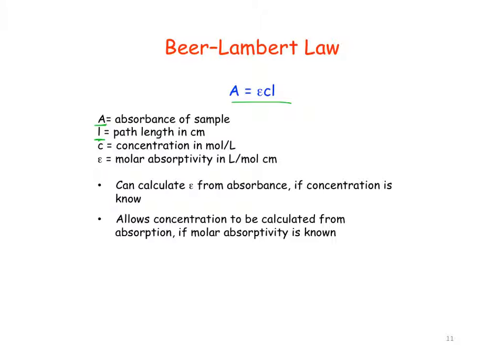Usually, the sample containers, we call them a cuvette, are usually 1 centimeter. So that's easy, that just becomes a 1. One thing that's important about the cuvette for doing ultraviolet light absorption, what do you think? What's one important thing about that, as far as materials?